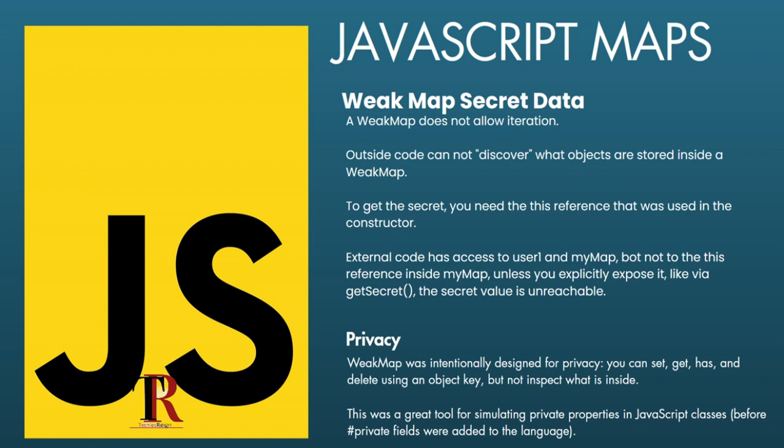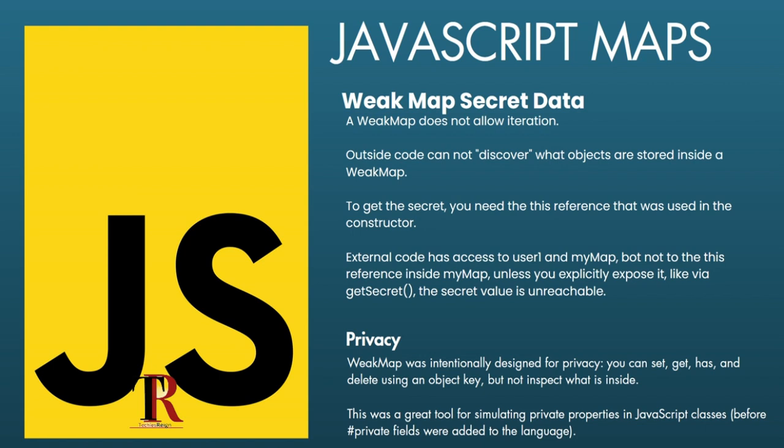This was a great tool for simulating private properties in JavaScript classes before private fields were added to the language. Before the standard private fields were added to JavaScript, a WeakMap was a great tool for simulating private properties in classes, especially when it comes to hiding data or sensitive information.